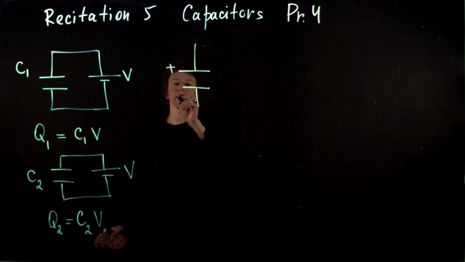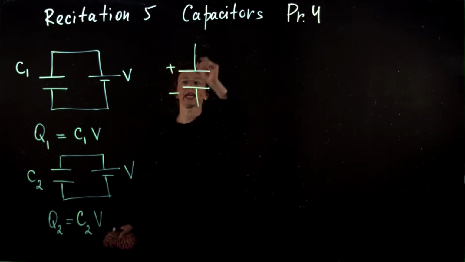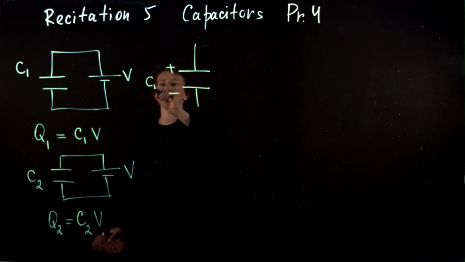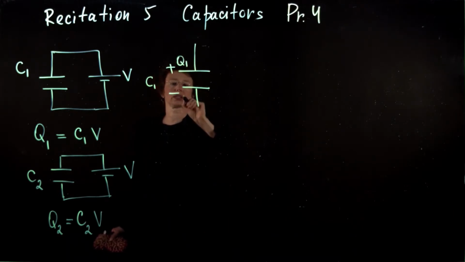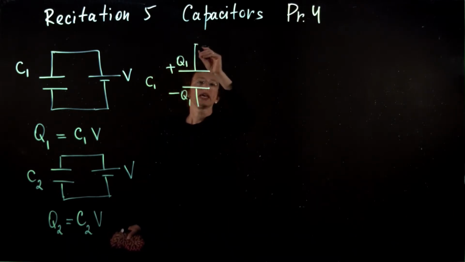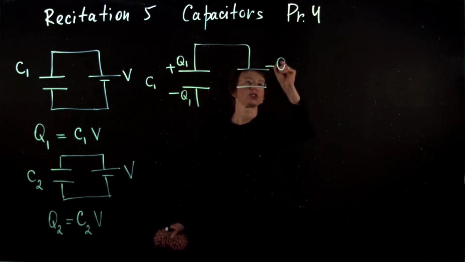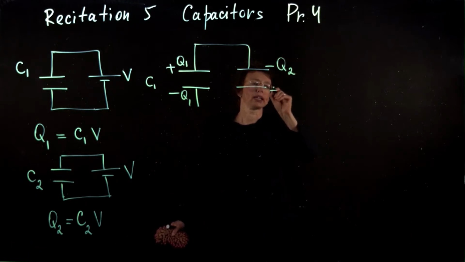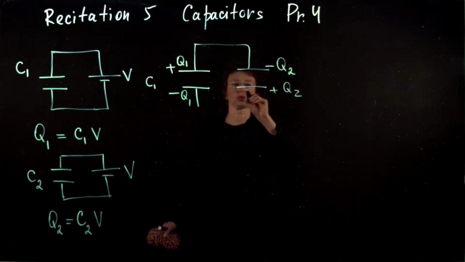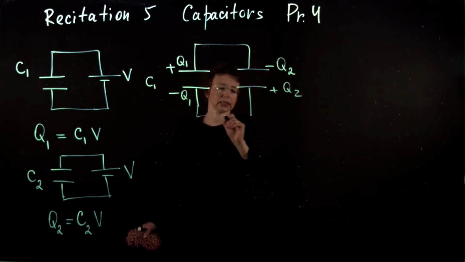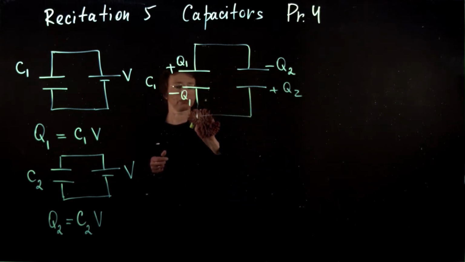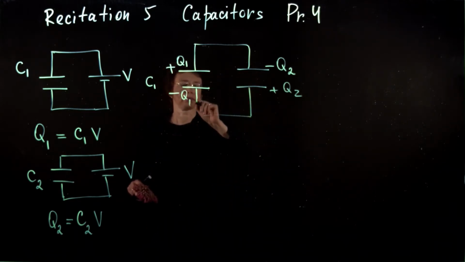I bring the positively charged plate of capacitor C1, and this is charge plus Q1 and minus Q1, and here I will have minus Q2 and plus Q2, and they are connected by the ideal wire.